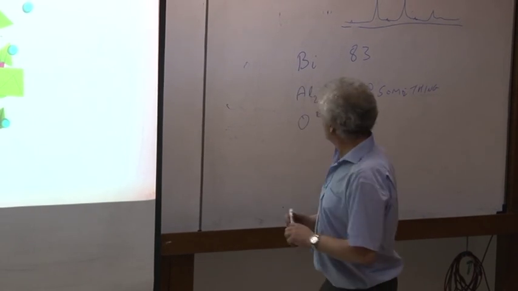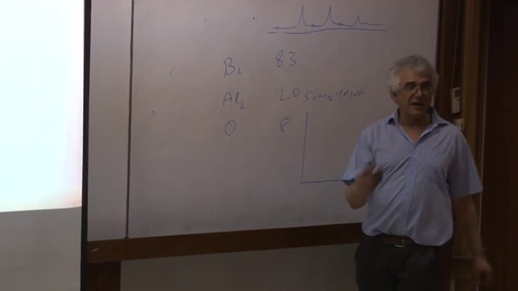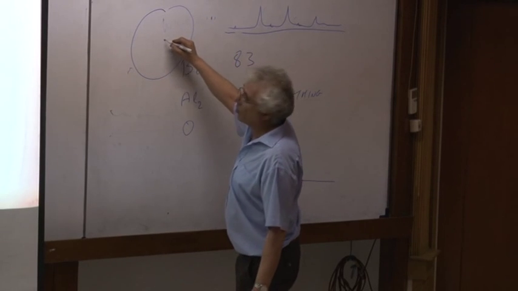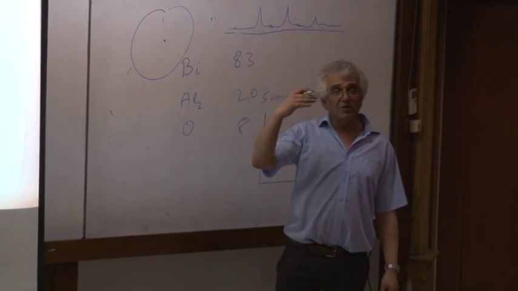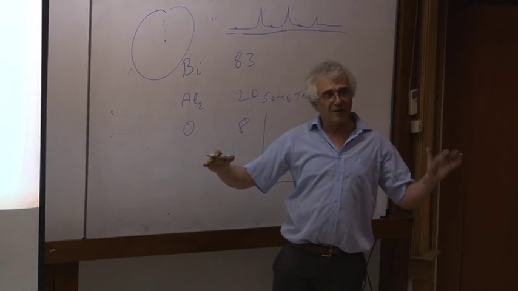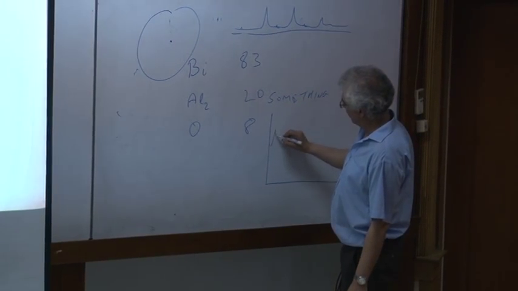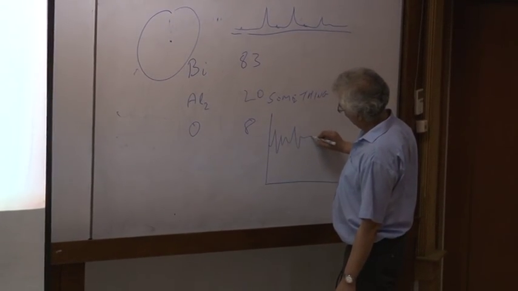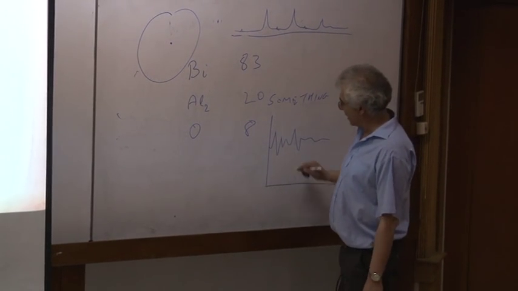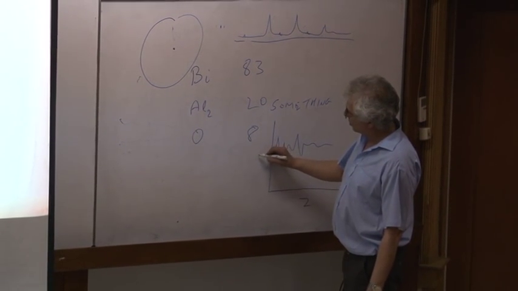But if we use neutrons, now neutrons are not scattered by electrons, but they're scattered by the nucleus of the atom. So this tiny little thing here. So they don't suffer from this destructive interference as we increase the Bragg angle. But it's a sort of non-linear relationship of scattering with atomic number. So this is Z. You can see that's neutron scattering.